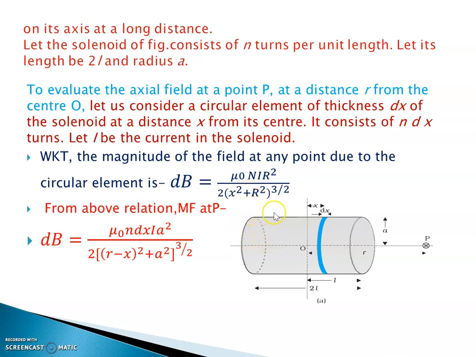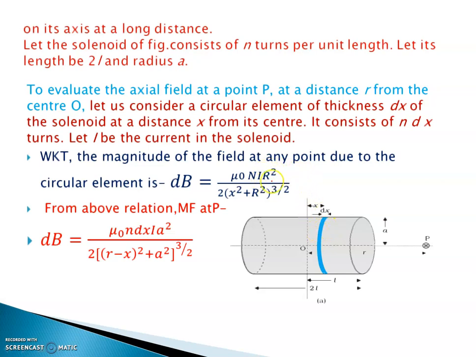Now if we want to find the magnetic field due to this element of the current carrying solenoid of thickness dx, then we have to replace x, r and N. Capital N will be replaced by n times dx, the total number of turns of this element.